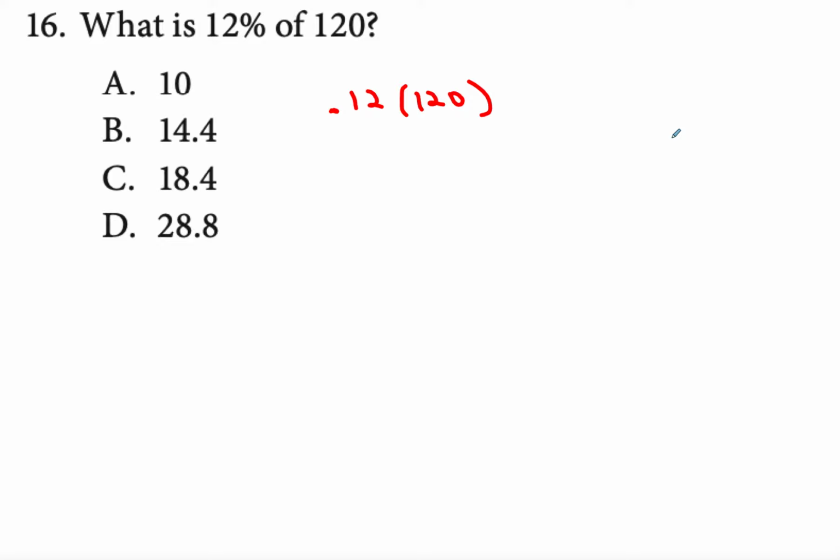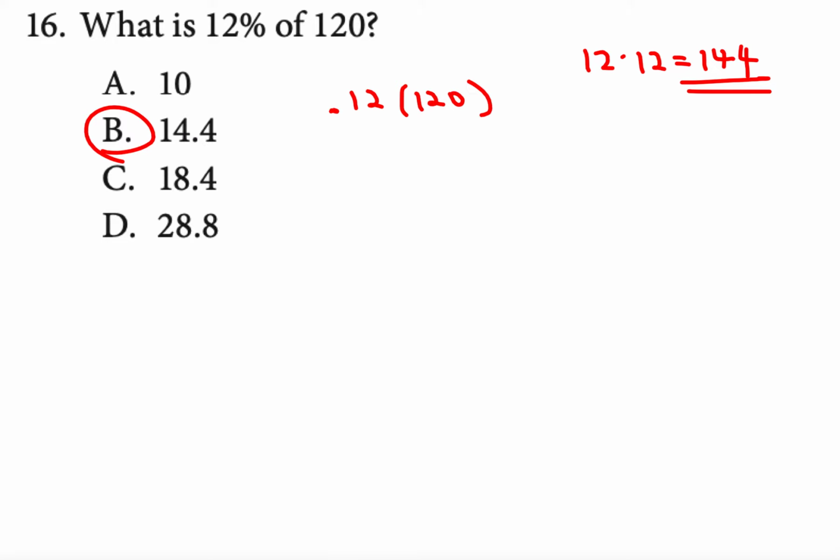Now, 12 times 12 is equal to 144, as many of you would have known already. 12% is a bit more than 10% of 120, which is a bit more than 12. So our answer should be something that contains 144, which is choice B. And it makes sense that it's a bit more than 12 because this is 12%.